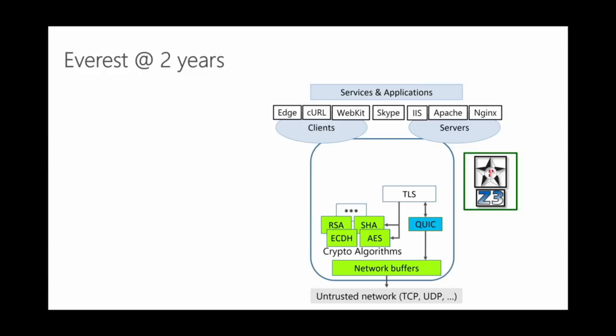QUIC is a new networking protocol that is undergoing a standardization process at the IETF, driven initially by Google, and it's trying to do TLS over UDP in a kind of new clean slate redesign.